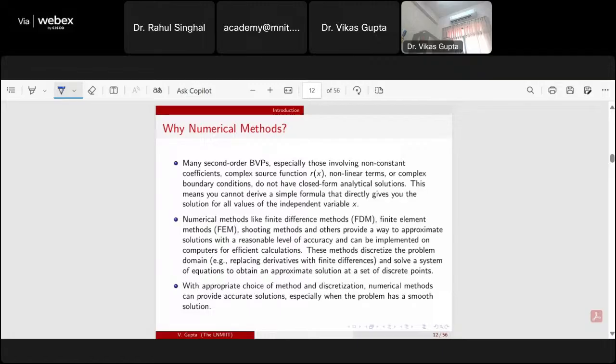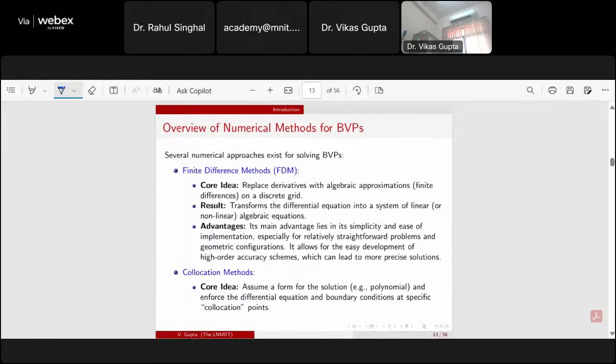So with an appropriate choice of method and discretization, numerical methods can provide an accurate solution, especially when the problem has a smooth solution. In this slide, I am just giving a brief overview of various numerical methods.